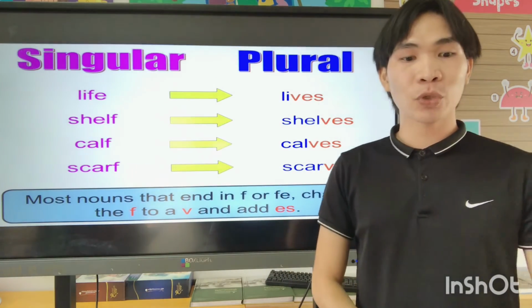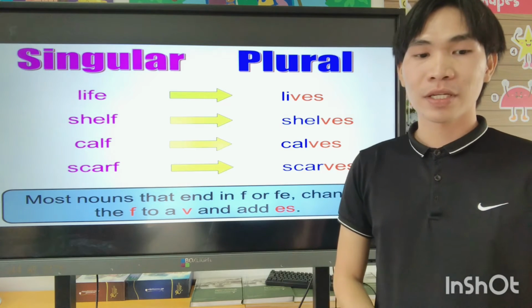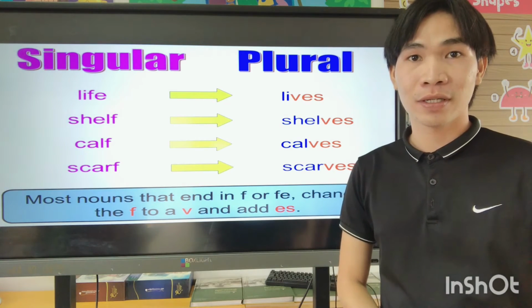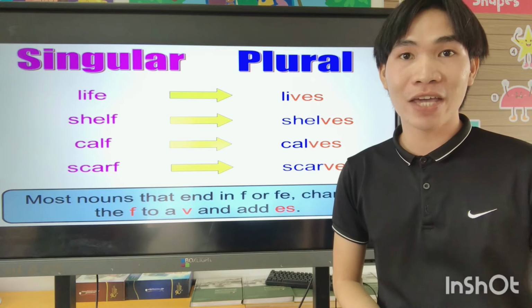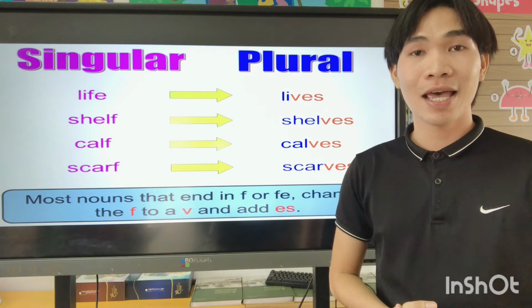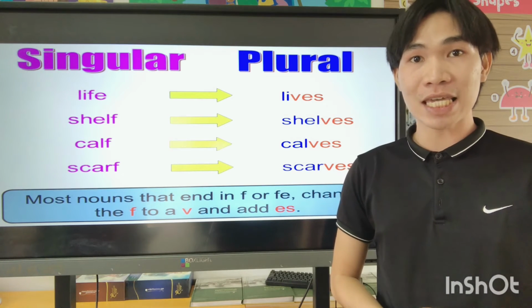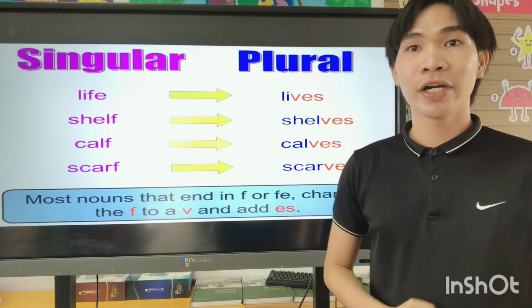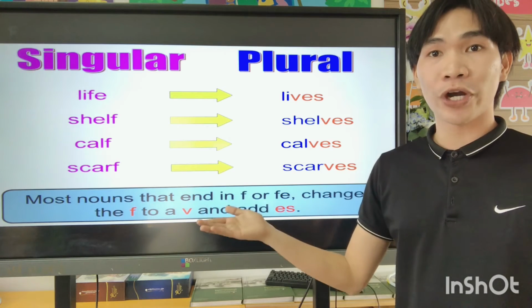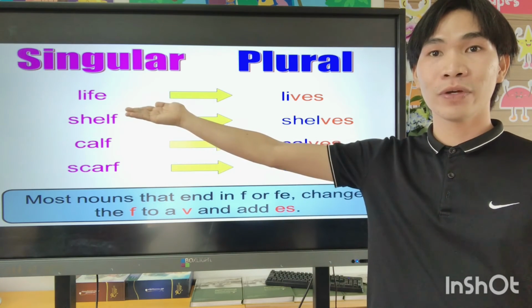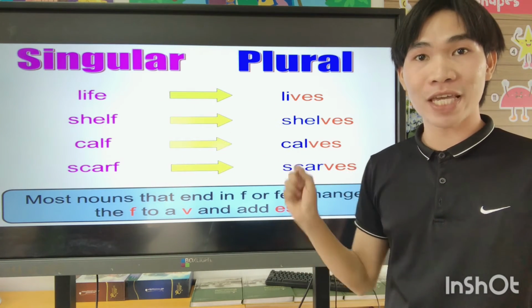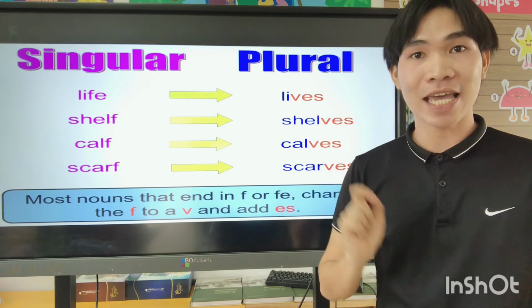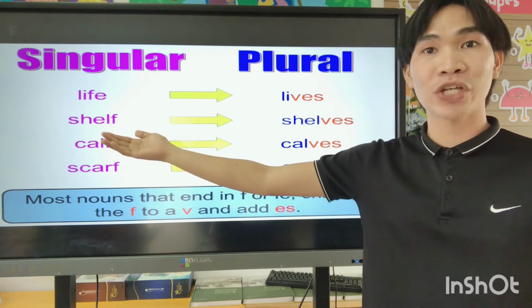Here we have 4 examples. Number 1 is life. The spelling of the word life is L-I-F-E. There is an F. Therefore, in the plural form, we will change F to V and add ES. The same goes to shelf.